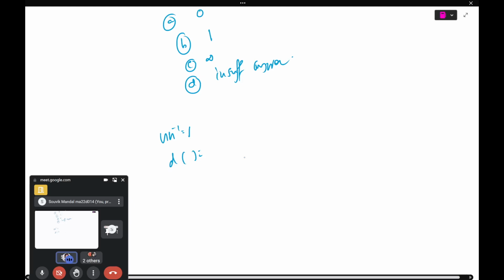Oh, sorry. D of one. D of one is equal to D of D square one. So D of one is equal to either 0 or 1.